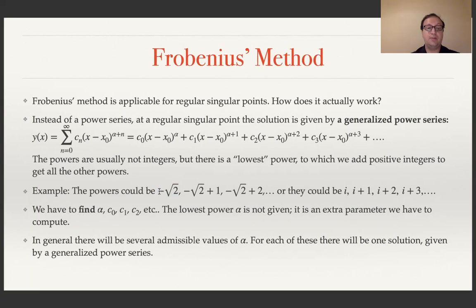So if the first power is, for example, minus square root of 2, then the next power is minus square root of 2 plus 1. And then after that, minus square root of 2 plus 2, minus square root of 2 plus 3, and so on.